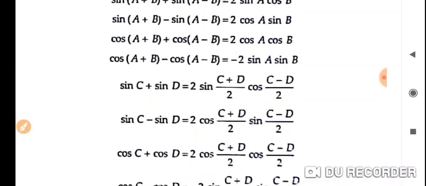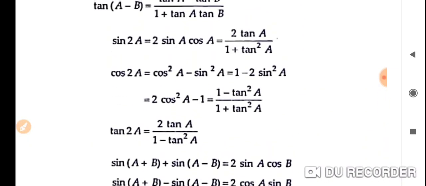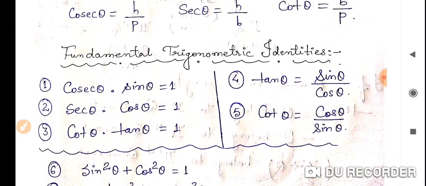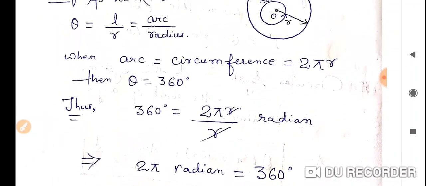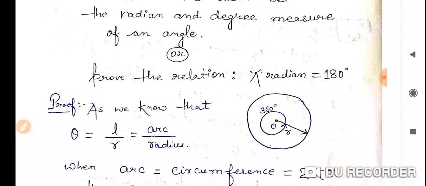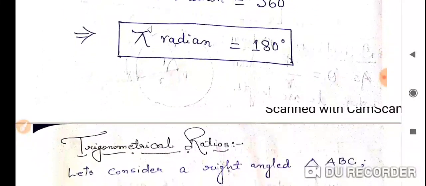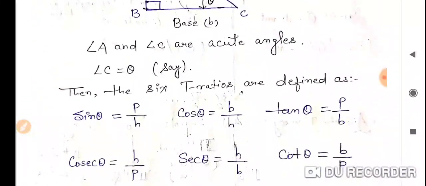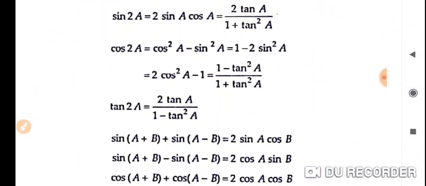This comes out using the above identities, and thus we have seen different mathematical tools which are quite useful to us. Today we are stopping the topic here.